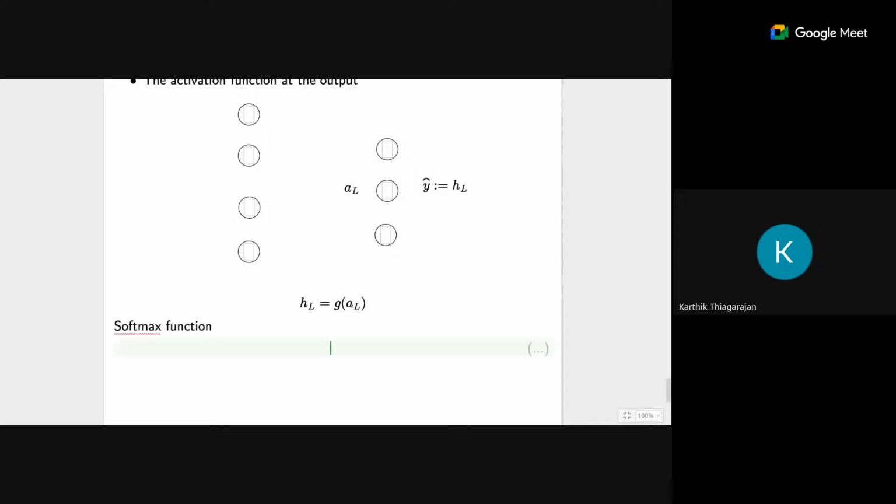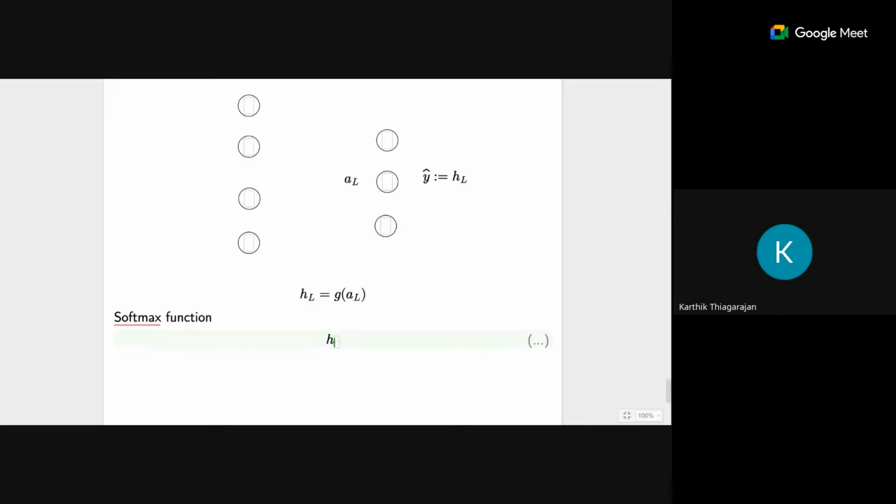We have seen this already. HL I, where I means component. So this is for instance HL1, this will be HL2, this will be HL3, and so on and so forth.